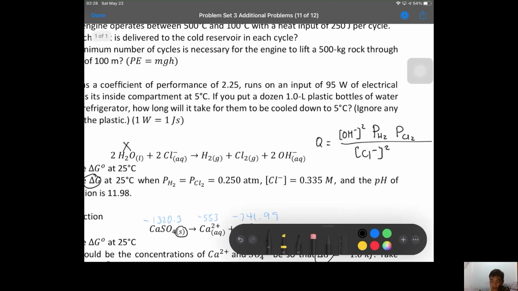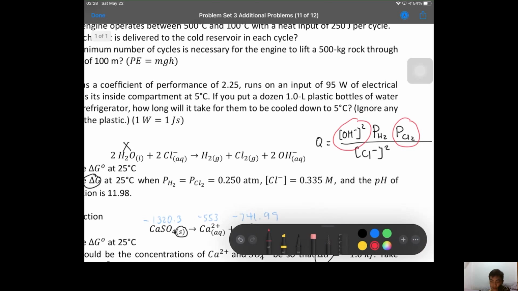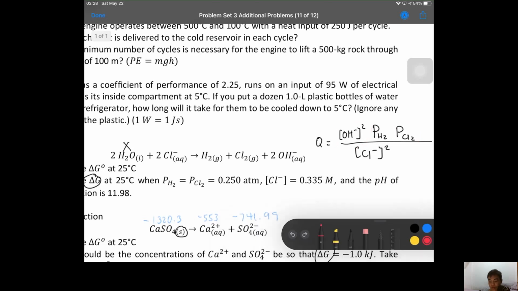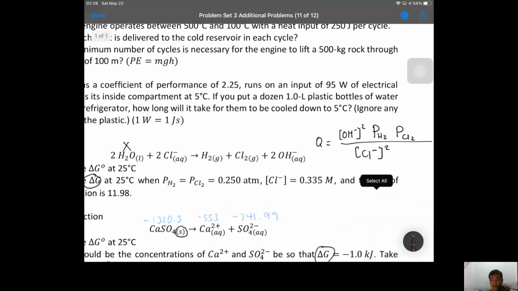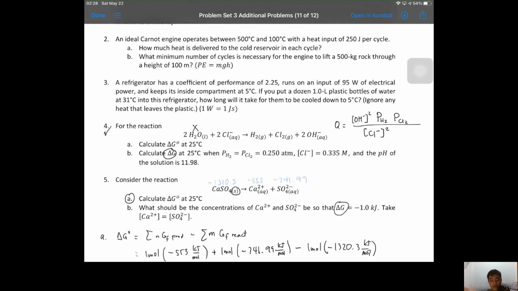So take note, kapag gaseous, ganito itsura, letter P. Kapag aqueous, ganito. Okay? However, they imply the same idea lang, no? Na concentrations yung mga yan. Okay? So that's the cue for reaction 4. So you will be able to solve for letter B. Okay? And that's all.